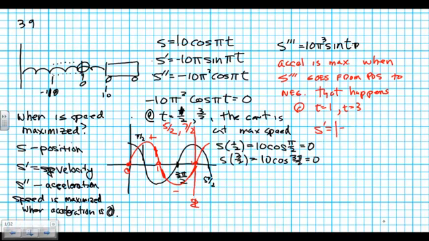So the absolute value of negative 10 pi sine of pi, well, wait, sine of pi is 0, and that's at 1, and the speed at 3, you're going to find out is 0 as well. So the maximum acceleration is happening when the cart is at rest at these two endpoints.